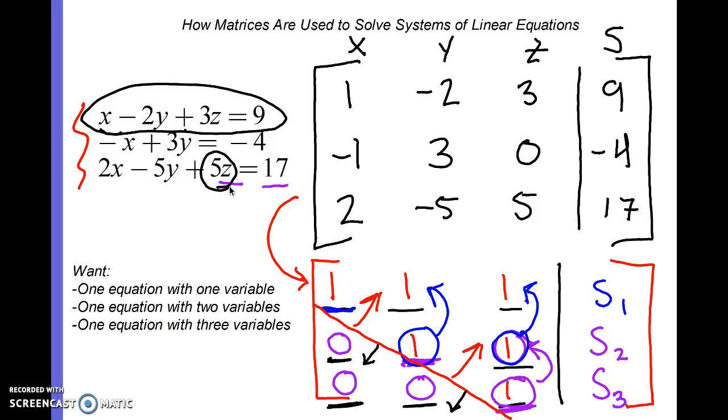And then I also knew the value for y from the second equation that I solved. So the ones basically represent numbers or variables that I've solved for, and the zeros represent the ones that I canceled out to solve for the other ones.